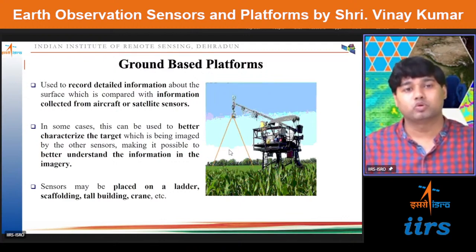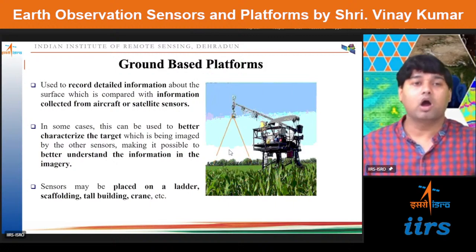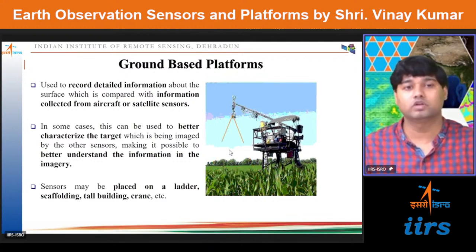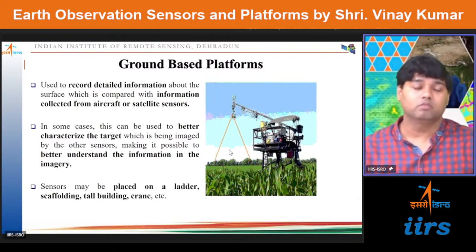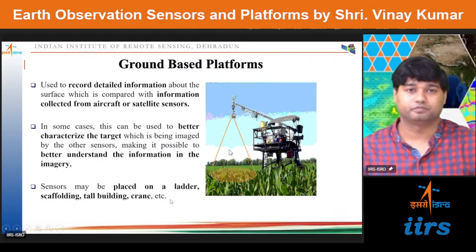For example, suppose we have taken the data for some agriculture field. Now, how do I know which kind of crop this field has? To know about the crop, we have to have some ground information. Those sensors may be placed on a ladder, scaffolding, tall building, crane, etc.